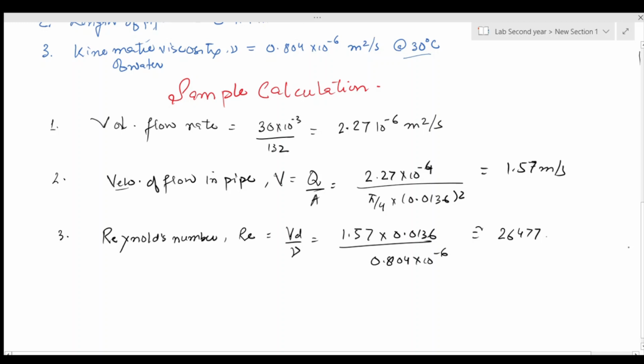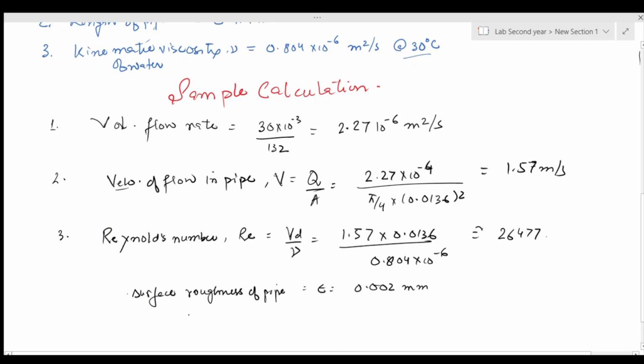Now the reason I am trying to find this Reynolds number is so that I can find the friction factor. Let us say that for the pipe which we have, the surface roughness of the pipe, let that be epsilon, is 0.002 millimeter.